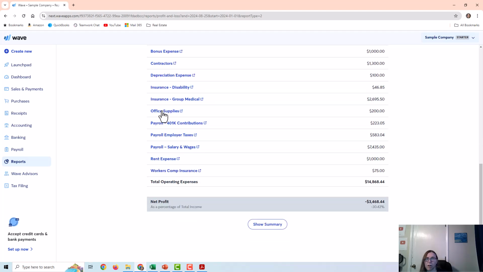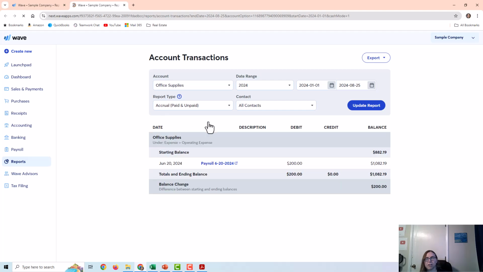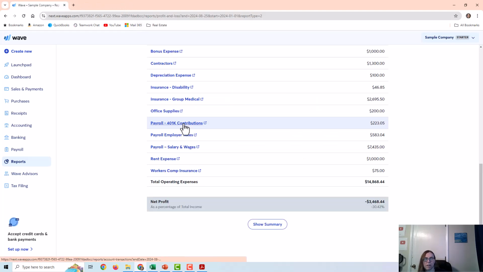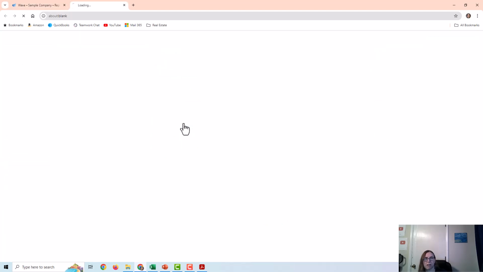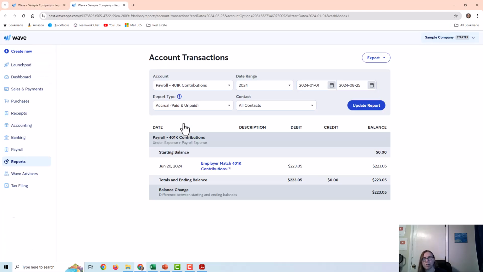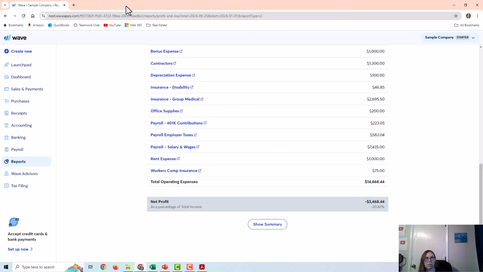And then there was office supplies, that was in the previous video. This was simply a reimbursement. And then there were some retirement plan contributions that the employer made on behalf of the employees. That is an expense of the business. This is not the employee contributions, this is the employer match.